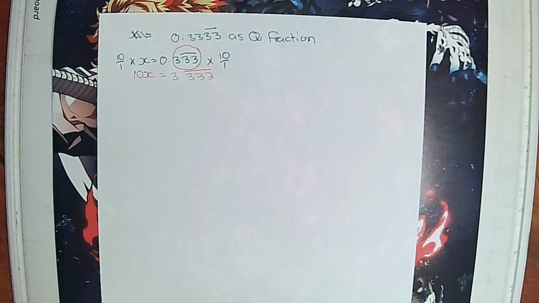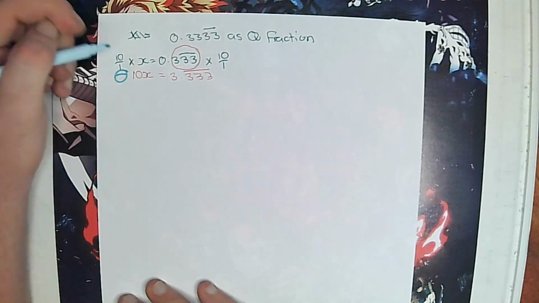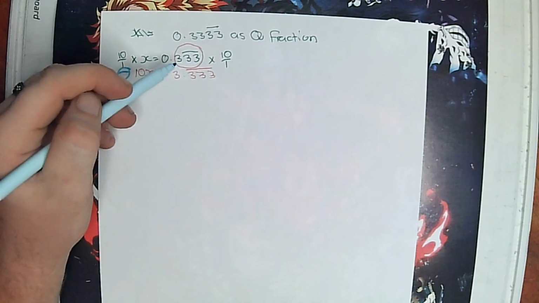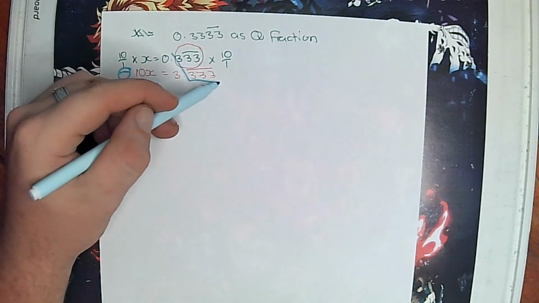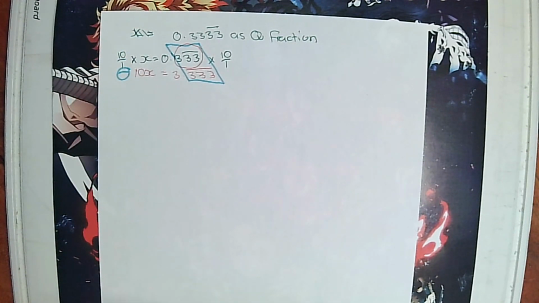We have to subtract these two equations from each other. And the reason we do that is because when we subtract these two equations from each other, you'll notice that these two will cancel out. So we won't have to deal with it anymore, and therefore we eliminated it, and we can go and write this then as a rational fraction.